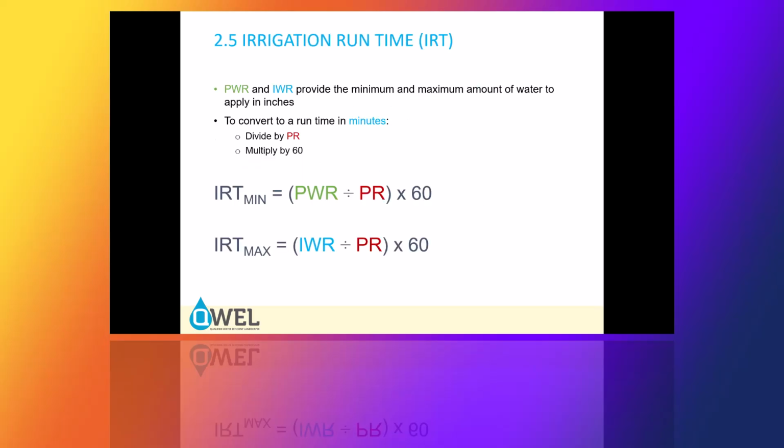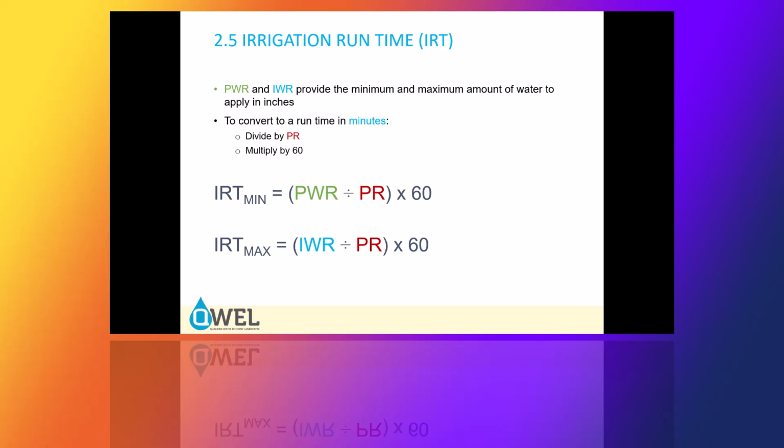So we're going to use a formula to determine the minimum and maximum irrigation runtime so we can translate the PWR and the IWR from inches into minutes. The minimum irrigation runtime, or the IRT min, is determined by dividing the plant water requirement, PWR, by the precipitation rate, PR, determined in an irrigation audit, and then we multiply it by 60 to convert this to minutes.